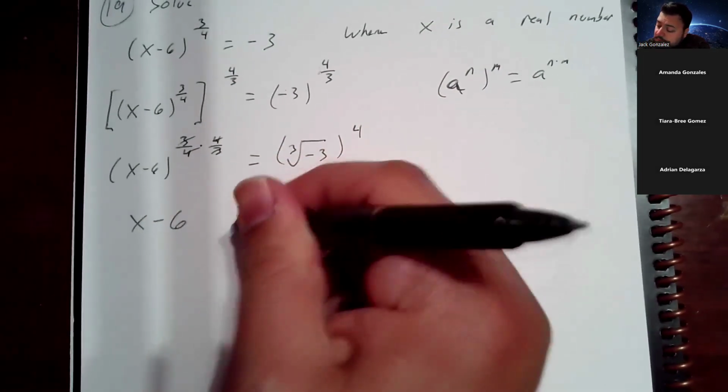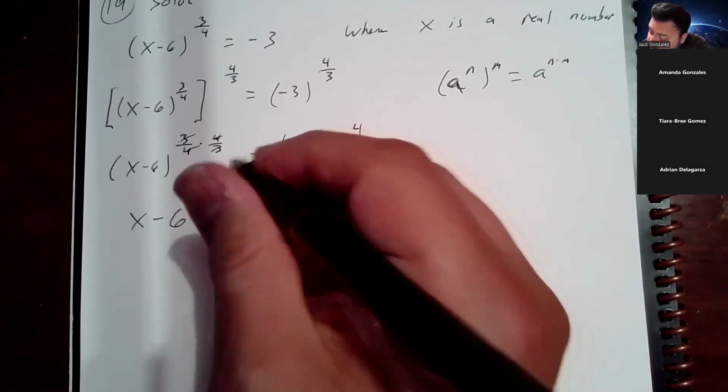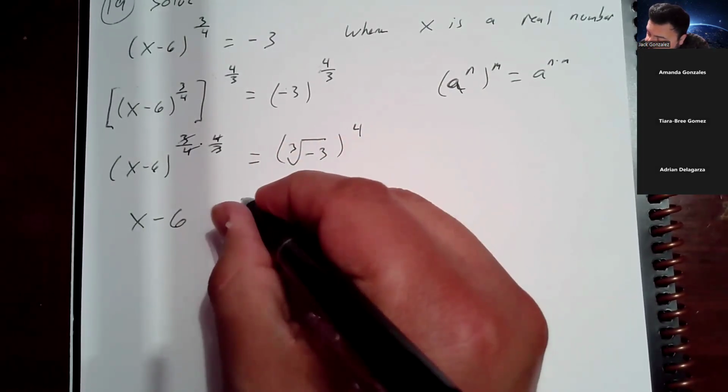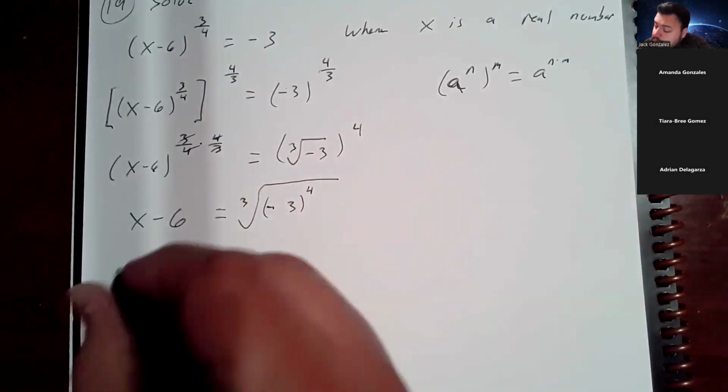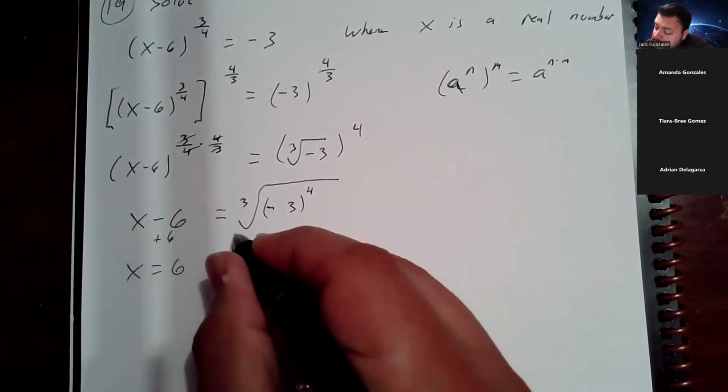Again, it's going to be ugly no matter what. So I'm going to add the 6 over.